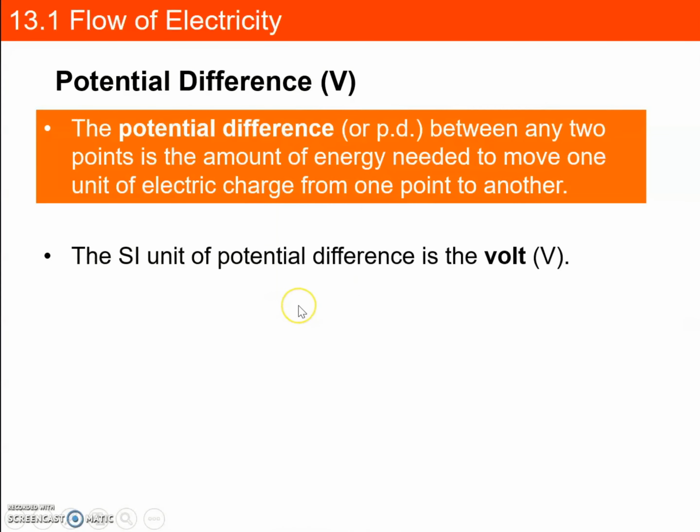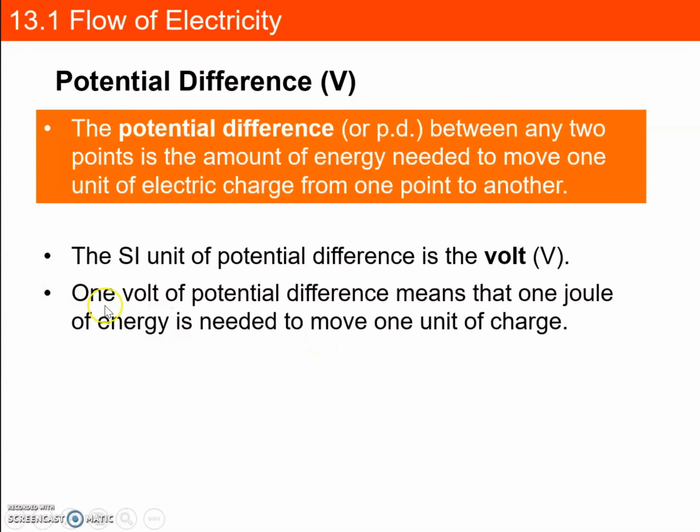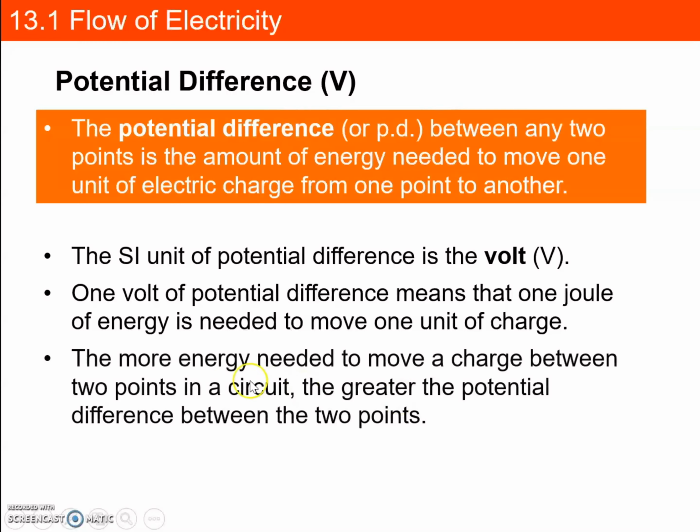And the SI unit of potential difference is the volt, also with symbol capital V. So 1 volt of potential difference means that 1 joule, capital J, of energy is needed to move 1 unit of charge. So the more energy needed to move a charge between 2 points in a circuit, the greater the potential difference between the 2 points.